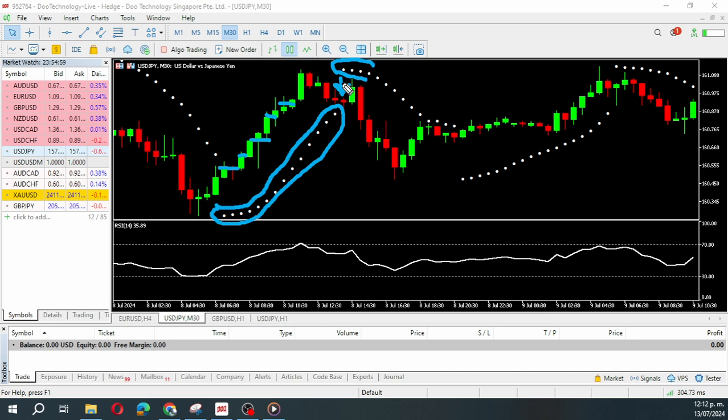So you sell here, you sell. So if you combine both systems, you can make a very reliable trading system, right? We are in the USD/JPY with the 30 minutes time frame, right?